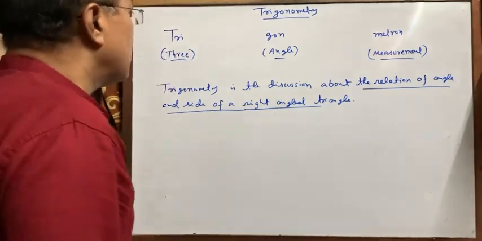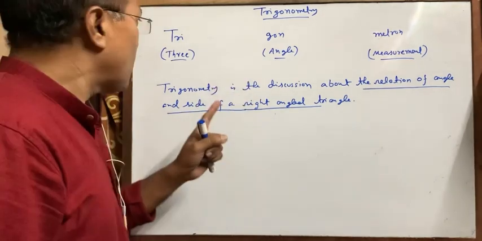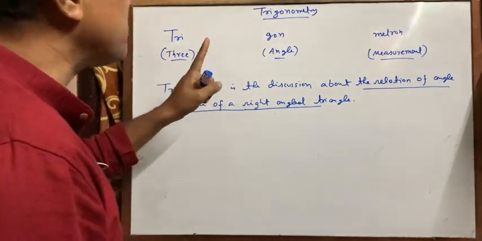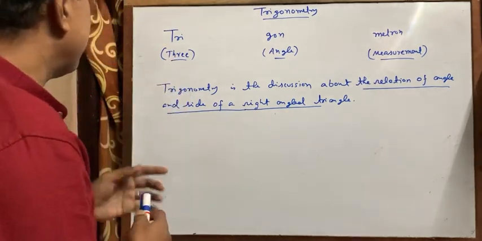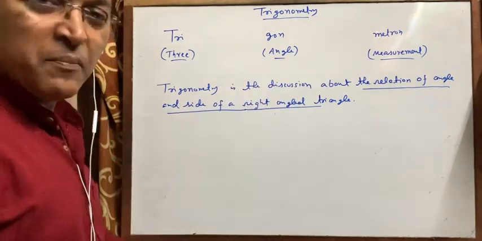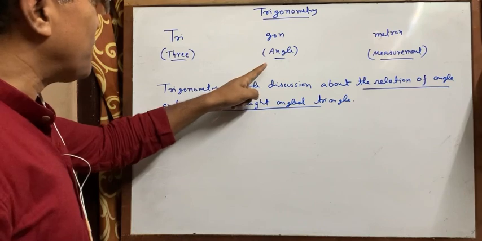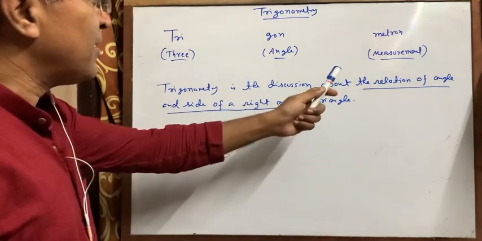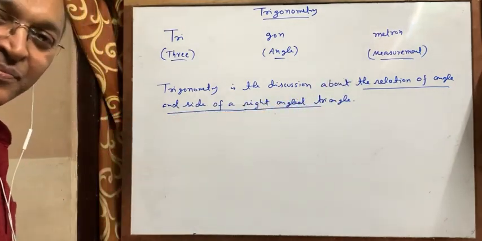Okay, just see, the very first point is, what does the word trigonometry actually mean? Trigonometry means: tri means 3, gon means angle, metron means measurement.